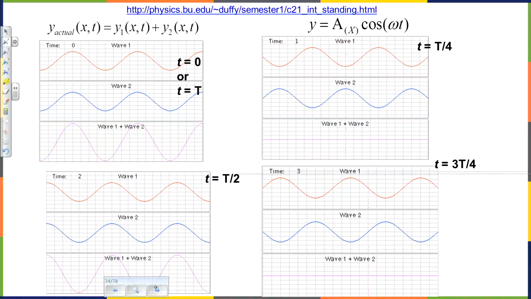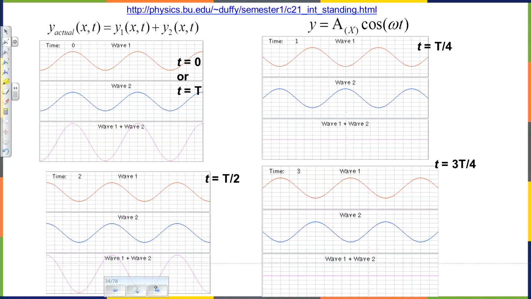So these are pictures just from those applets. An example of a standing wave on a string. The wave number 1, the wave number 2 represent two coherent waves traveling toward each other. And the pink one represents the actual profile which we would see if we took a picture of that string. And as you saw, there is an instant when the whole string is horizontal.